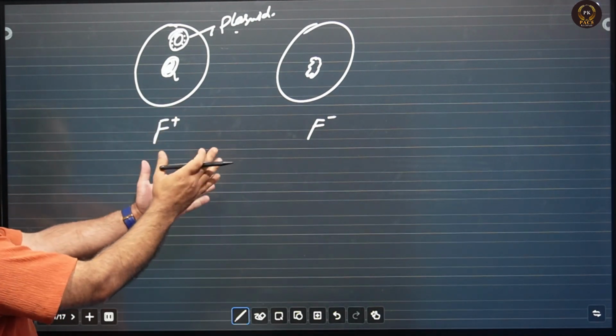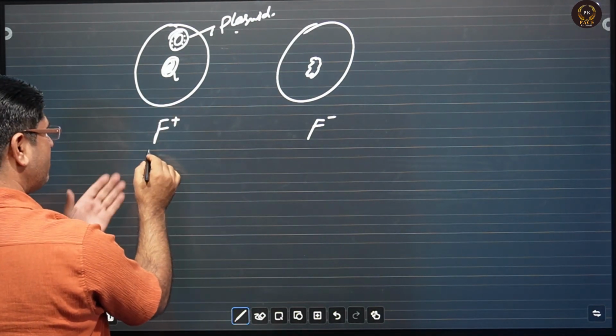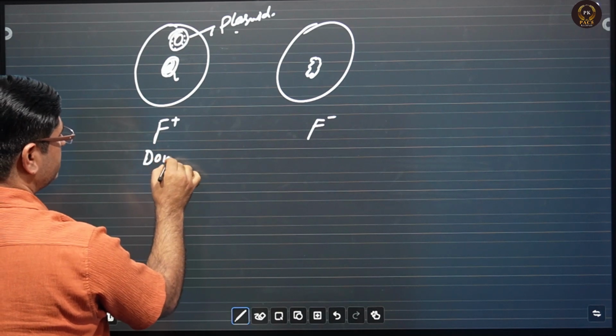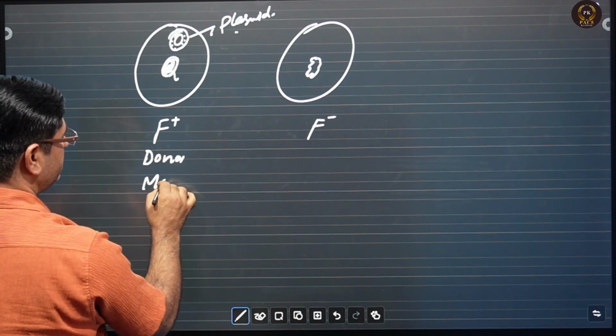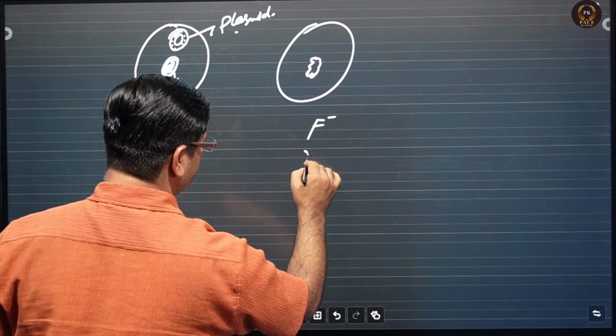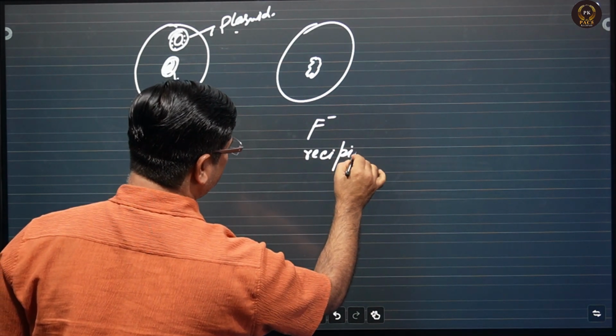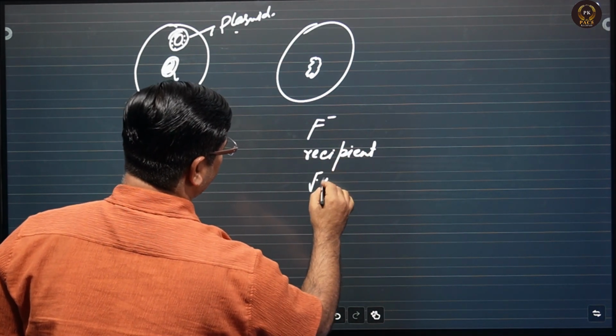The F positive is called donor or male type, and the F negative is called recipient bacteria or female type.